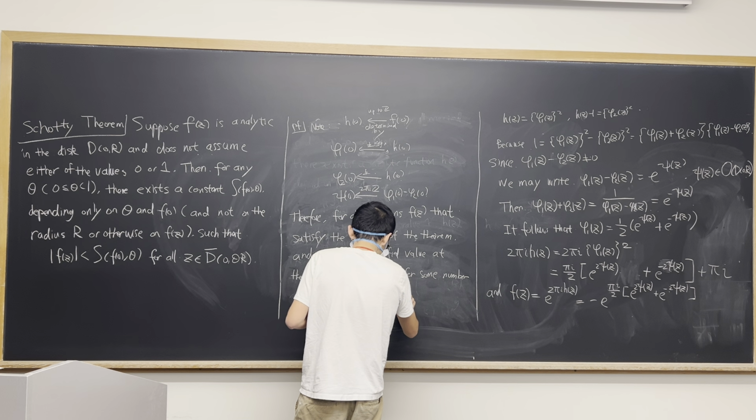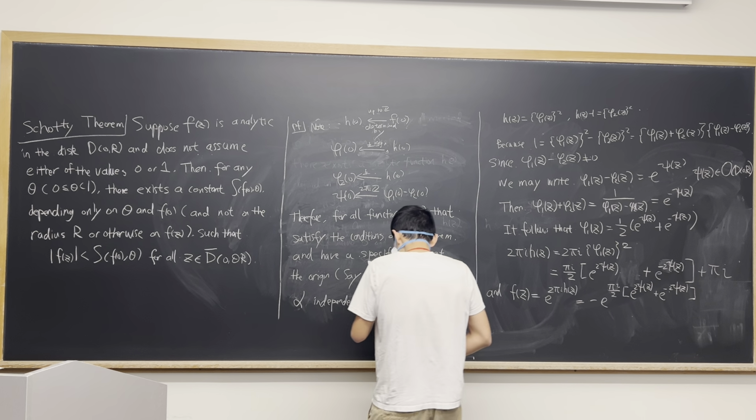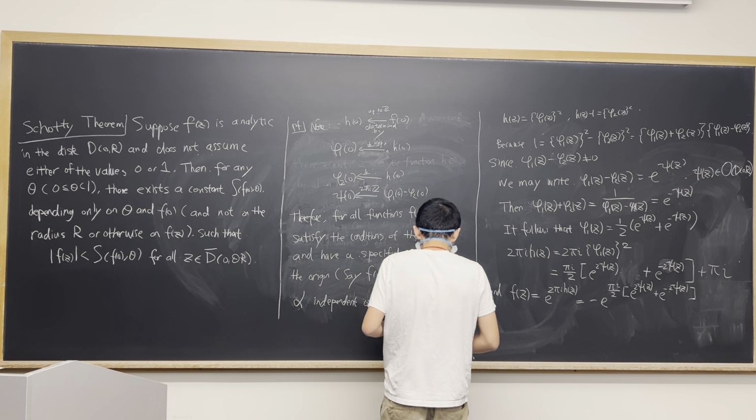So this f could be anything, but this alpha is independent of the choice we may make.